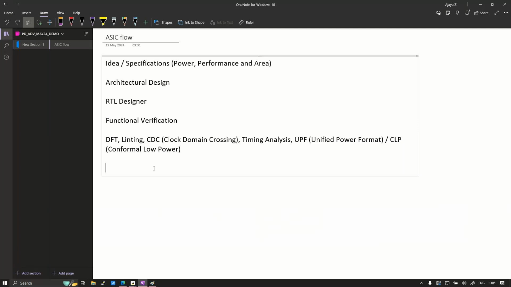For that, we will be starting with synthesis. Synthesis works as an intermediate stage between your RTL and your backend PD. Now there is a small statement change. I have written DFT here, and a few people will also say synthesis will also happen after DFT.